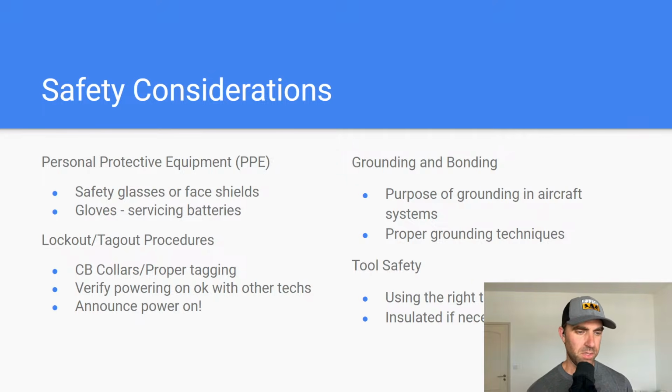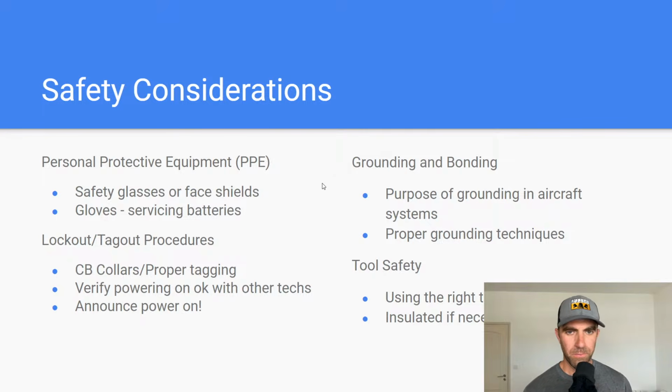If you're working with precision tools on an electrical system, make sure they're calibrated and that you're using the correct tool per the manufacturer specs or the aircraft maintenance manual. And if you're working on a live circuit for some reason, make sure you use insulated tools to protect yourself.